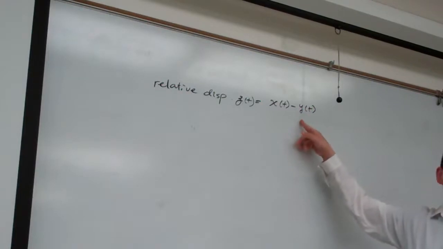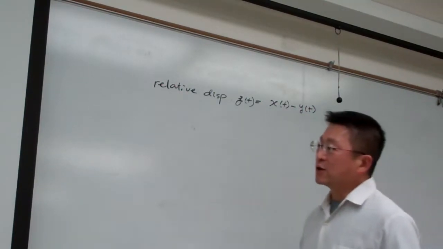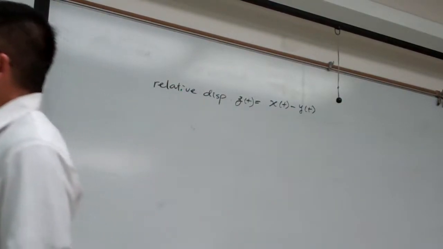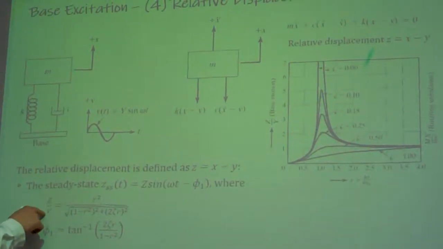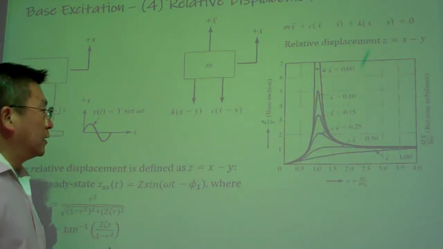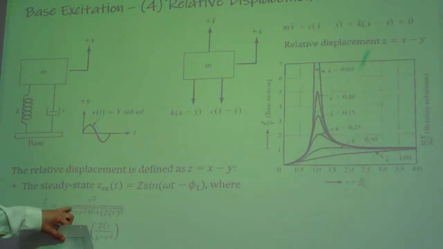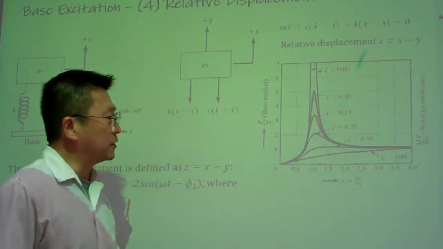That one is based upon these definitions here. So here is a summary. The relative displacement transmissibility by definition is z over y, and this formula can be characterized by those curves here.